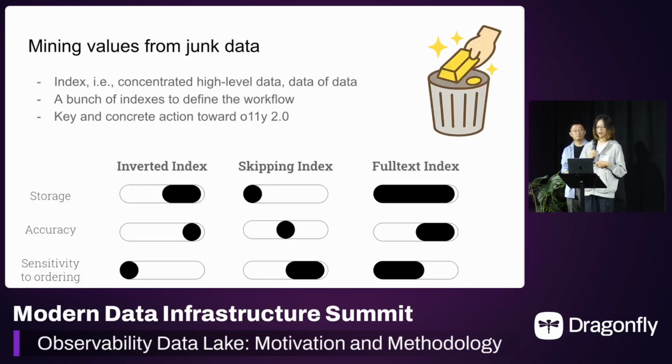And the third is about indexes. I work with observability data every day, but I have to say, yes, we call it junk data. Unlike your business commercial data, where every single row of records refers to a transaction, maybe a bank transaction, this is not how observability data looks.